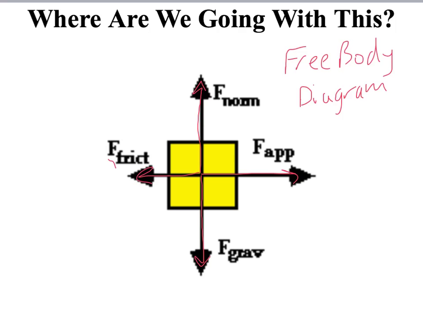If you look at the size of the arrows, normal force and gravity cancel each other out. But applied force and friction are in opposite directions, and they're not the same amount. The applied force is greater than the friction force. So what's happening with this box is it's being pushed to the right. And we're going to figure out how I was able to tell that within the next couple days.